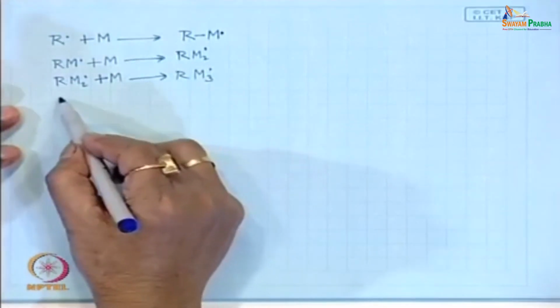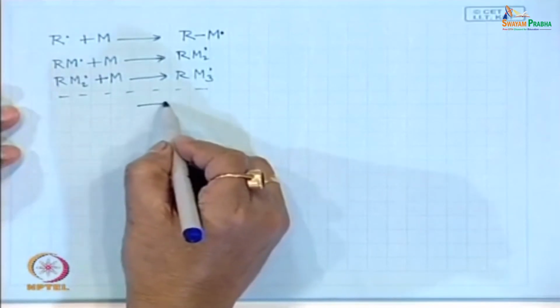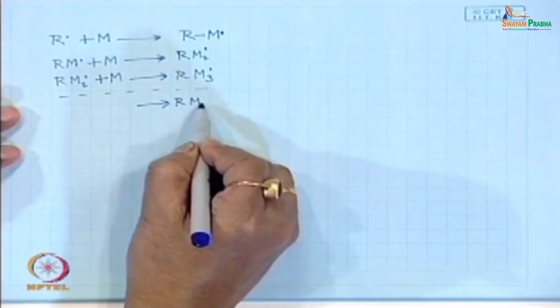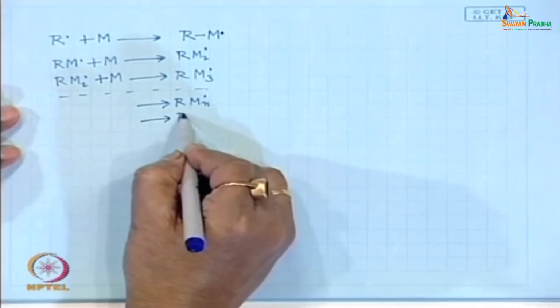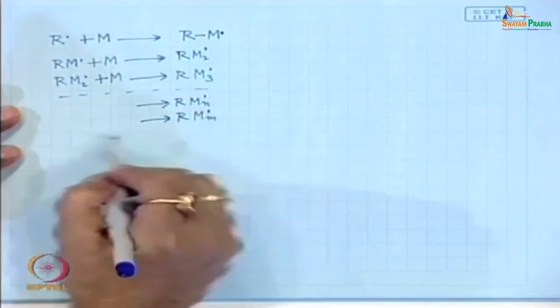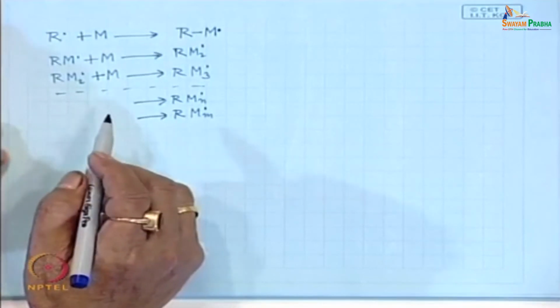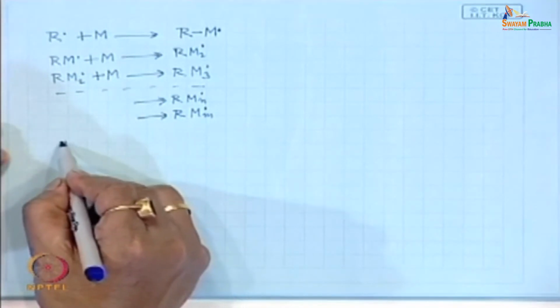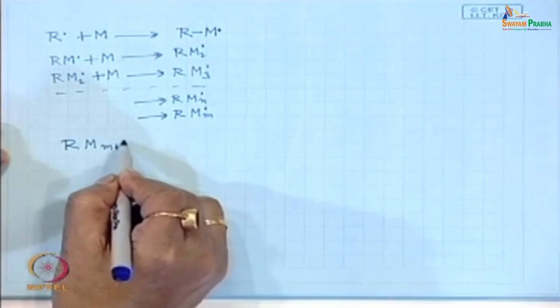This way it continues till we get R M n dot. Likewise, we can get R M m dot, and in the termination step we get R M m plus n R.